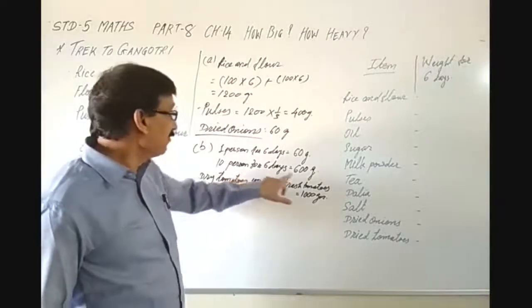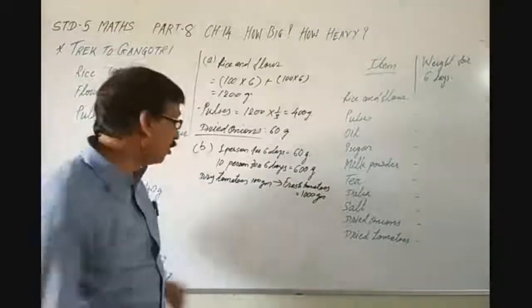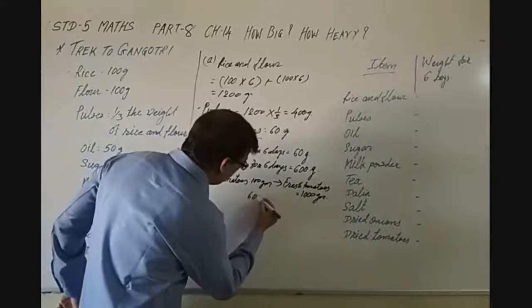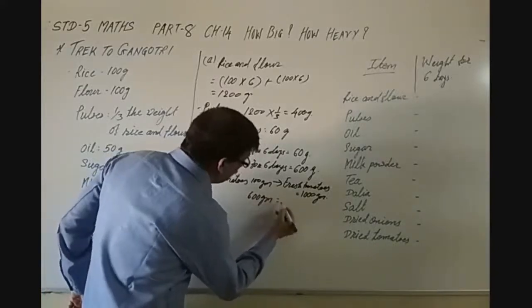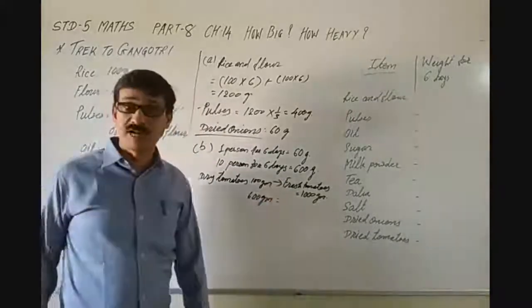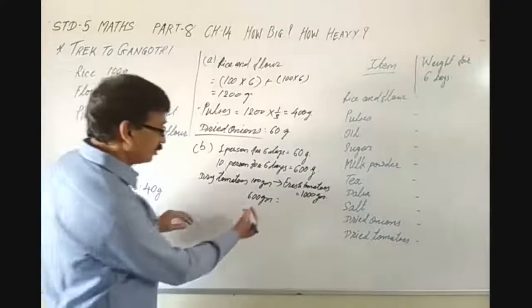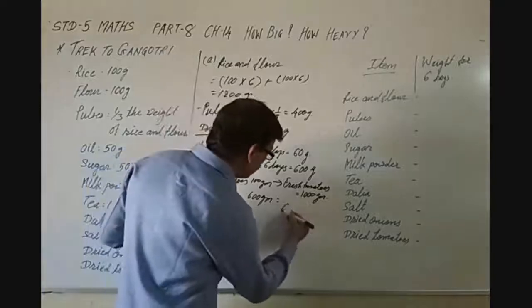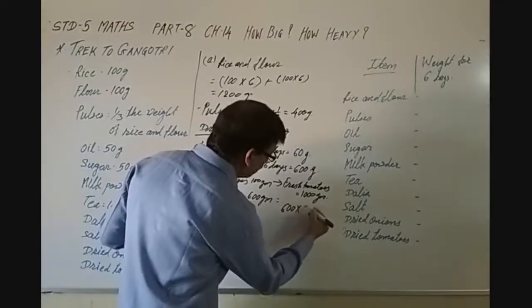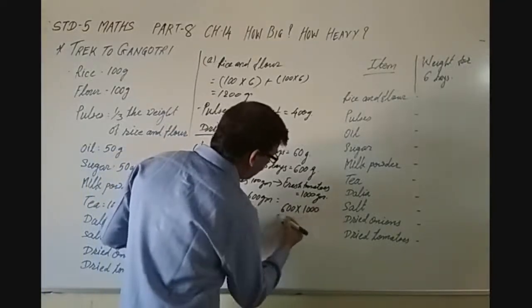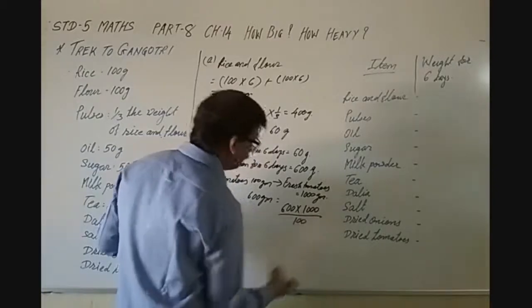But here we require 600 gram of dry tomatoes, isn't it? For that, how many fresh tomatoes we require? So 600 gram, this is 600 multiplied by 1000 divided by 100, isn't it?